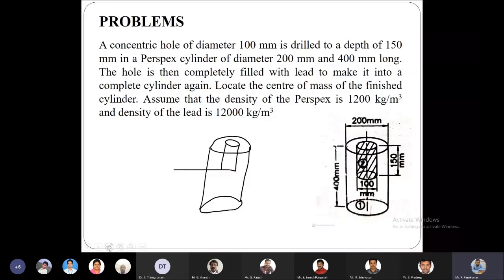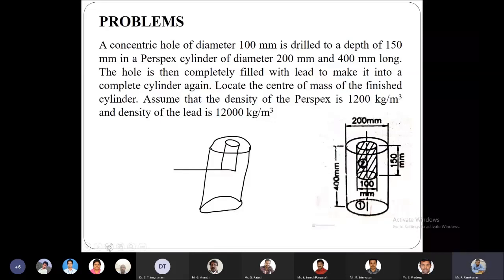That is going to be minus rho 1 v2 x2. Then we are filling the material, filling that using lead, so we will be using plus rho 2 v3 x3, divided by rho 1 v1 minus rho 1 v2 plus rho 2 v3.